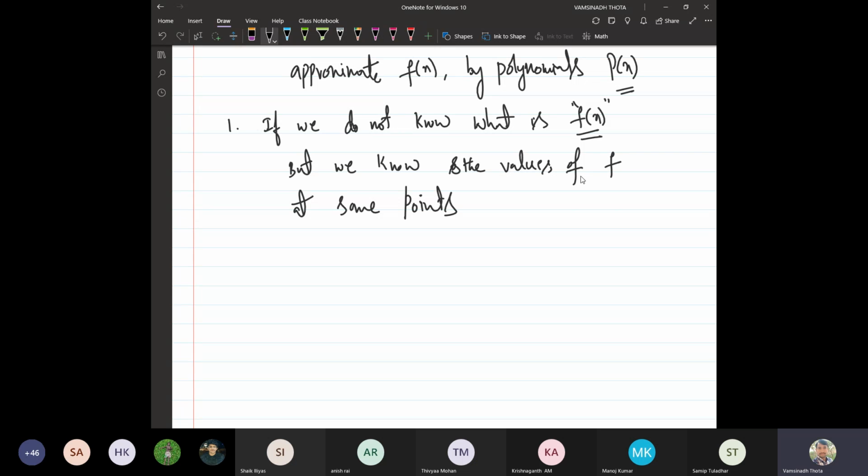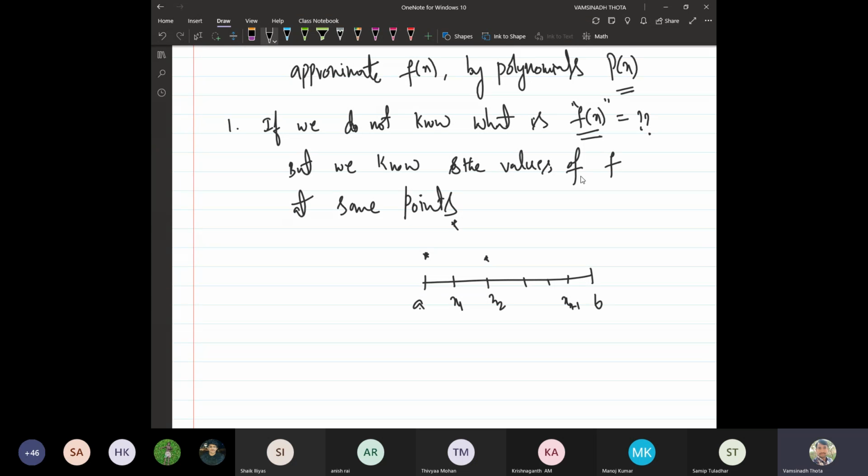That is, suppose this is our domain, the interval a to b. We do not know what f of x is, whether f of x is equal to sin x or not, explicitly. But at certain points of the domain, we know the function values.